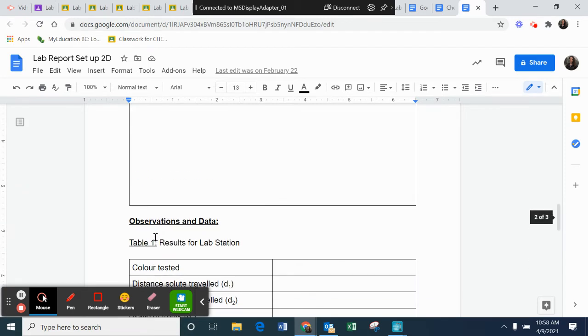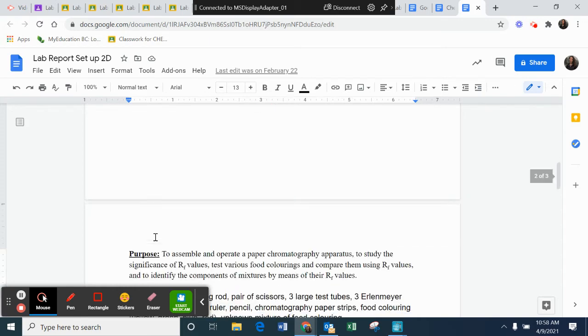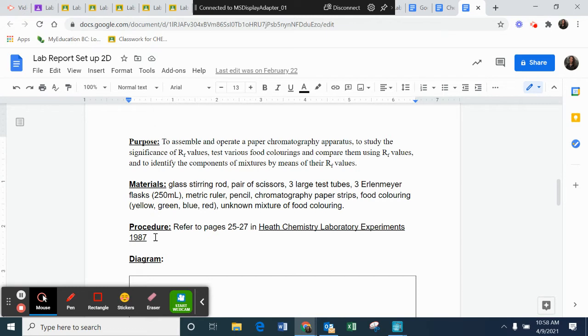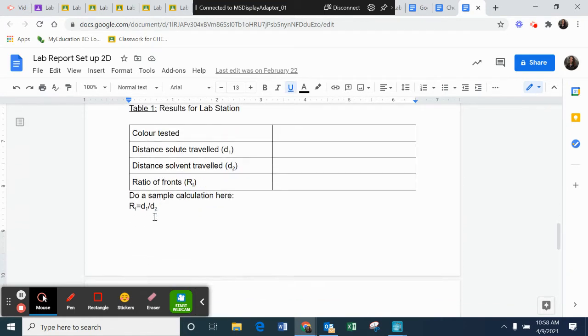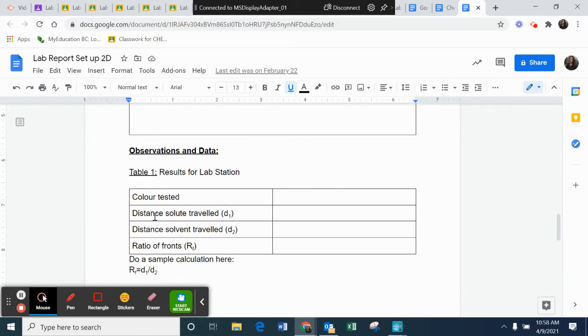I've been looking through your labs and just making comments on them. The most frequent things that I'm seeing that I want you all to work on are the procedure. So you just have to write this out, but if you do something different, some people in their observations wrote something like, we were missing for this part, or we got data from somebody else for this part.